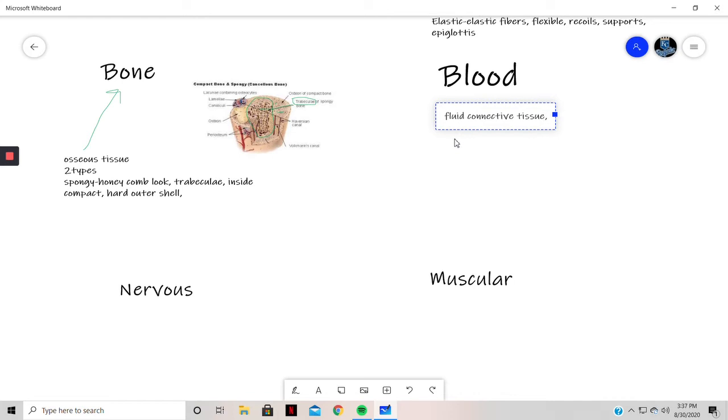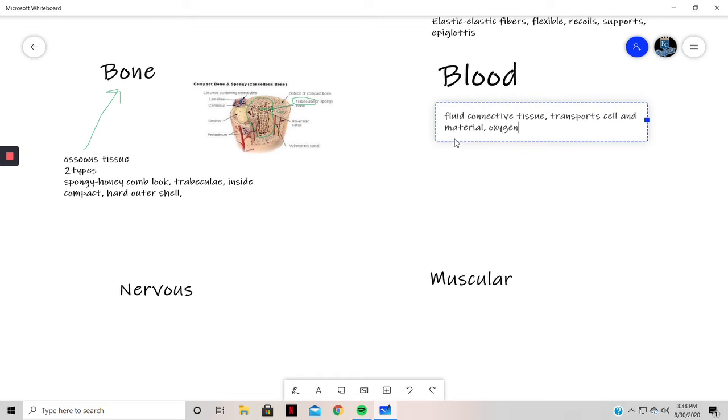And it does lots of things. For one, it transports cells and other material. And you are well aware of that part of that transport: what it transports is oxygen.